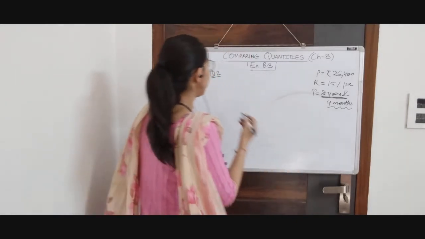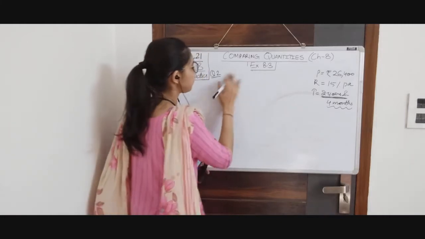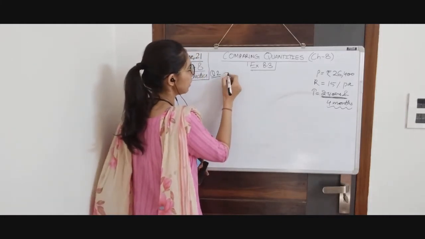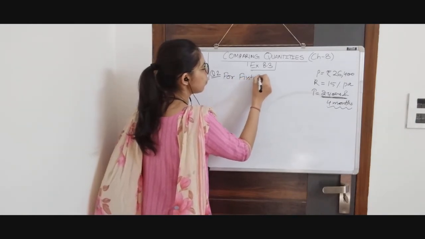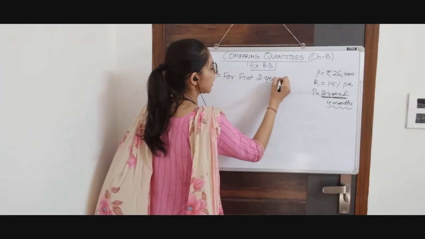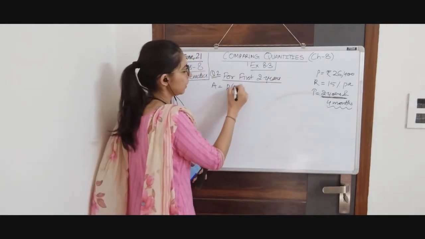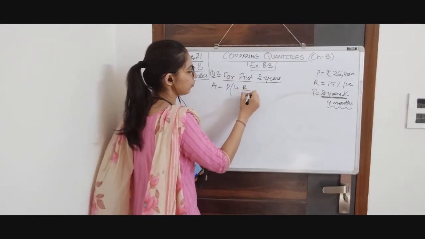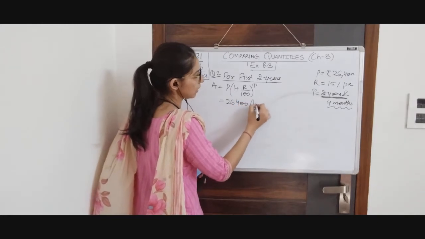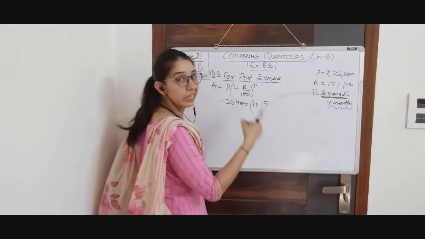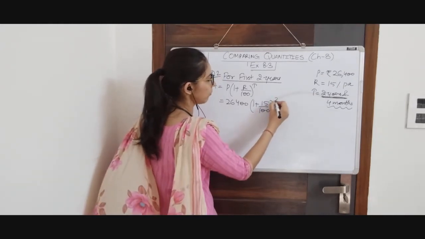So here we will start with A equal to, for first 2 years, we will calculate compound interest amount for 2 years. It will be P(1 plus R by 100) to the power T. P is 26,400. 1 plus R by 100, it was compounded yearly, so we don't need to change R or T, to the power 2.